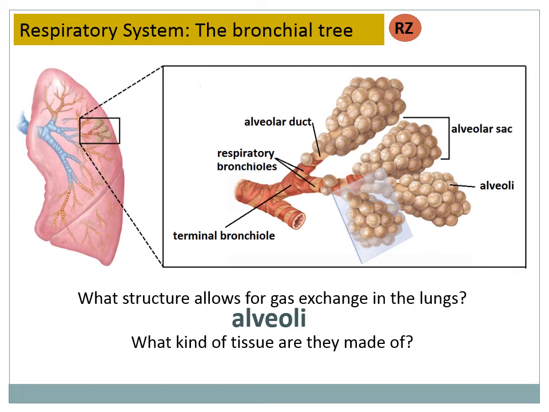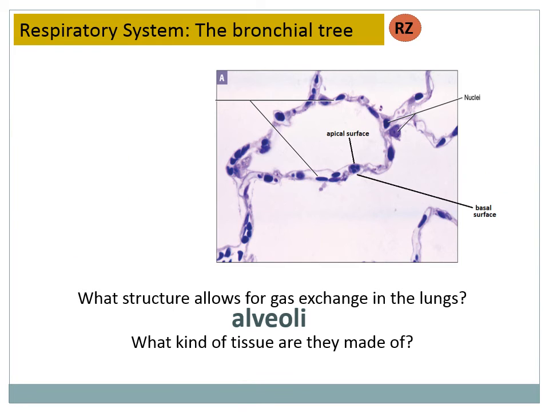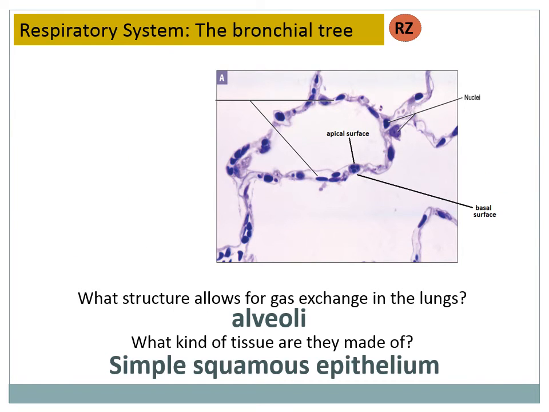So what kind of tissue are these alveoli made of? Yeah, they're made of simple squamous epithelium. If you look at this picture above, you can see that is simple squamous epithelium.